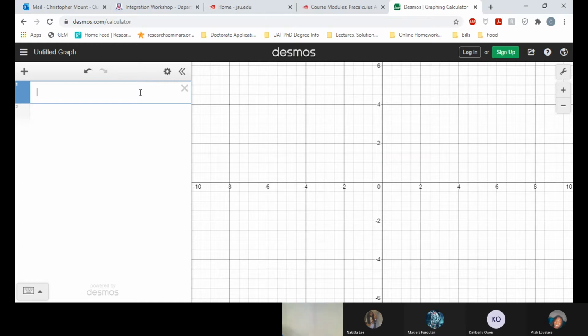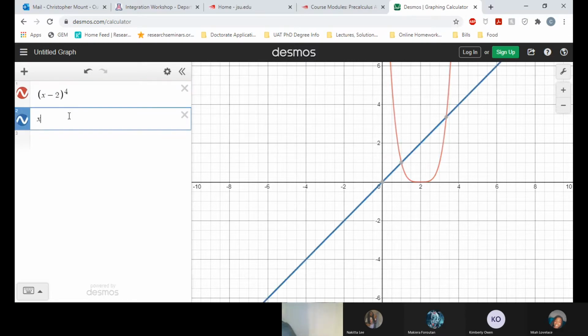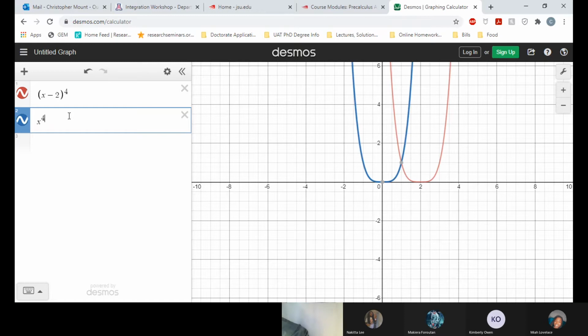Let's see, part B was x minus 2 all to the 4th power. Yeah, that's pretty much the shape that we sketched out for that one as well. Pretty much like a parabola, right? Also note, this minus 2 tells you that you should take the base graph of x to the 4th and shift it right by 2.